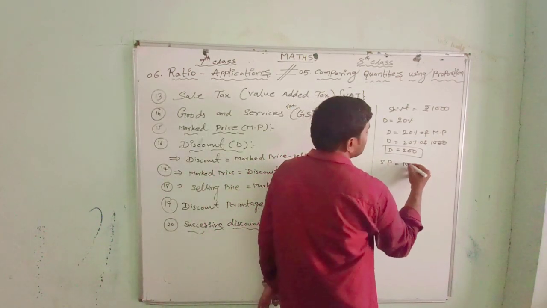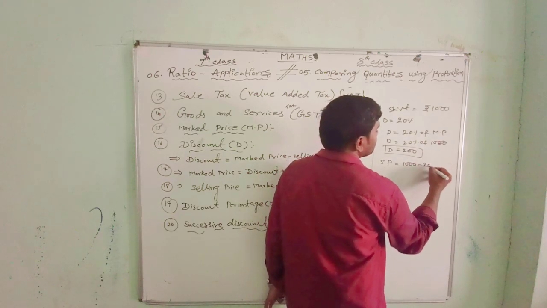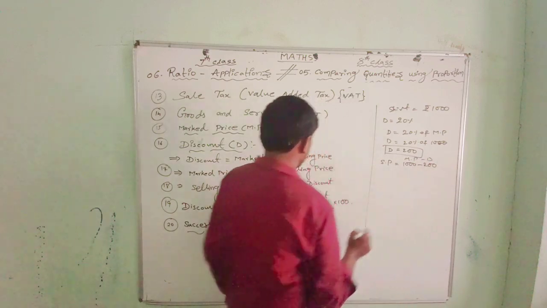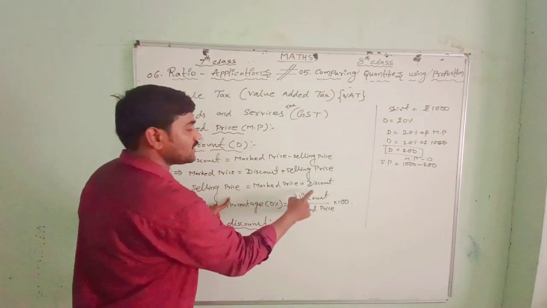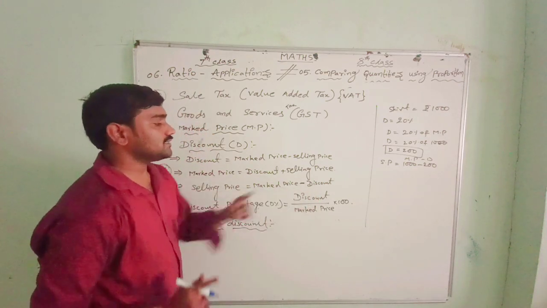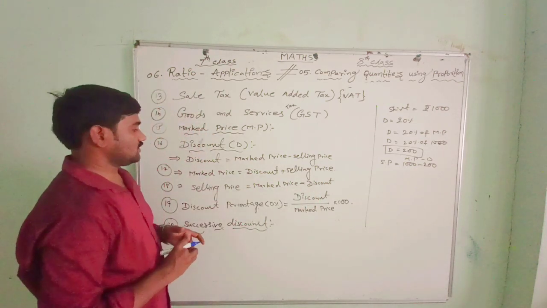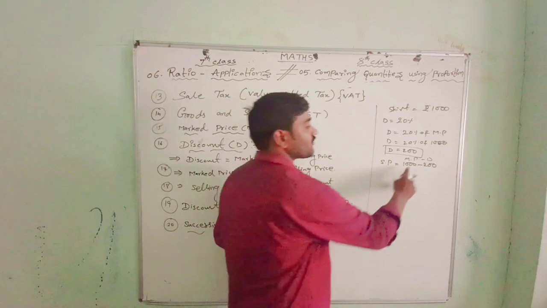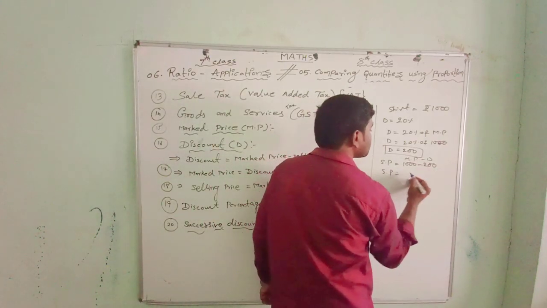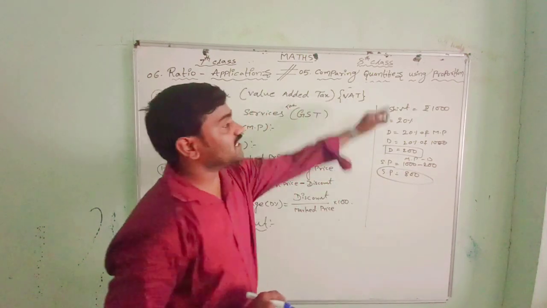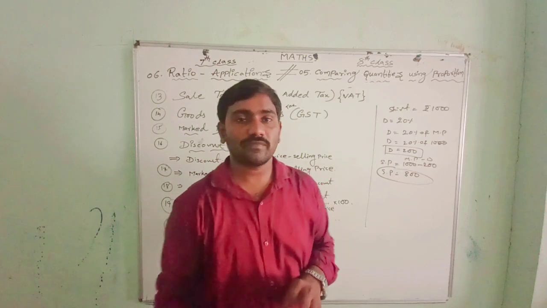Selling price equals market price minus discount. Here it is 800 rupees. You will get that same shirt for 800 rupees.